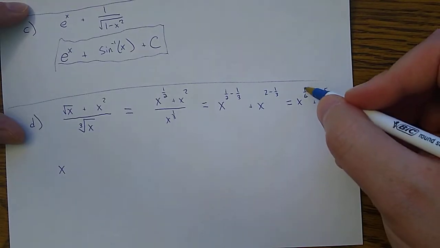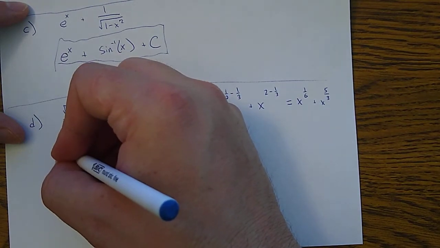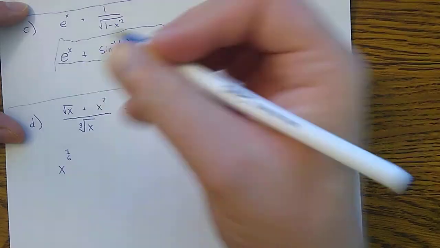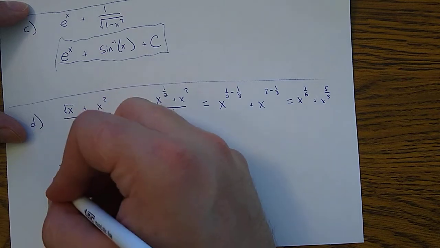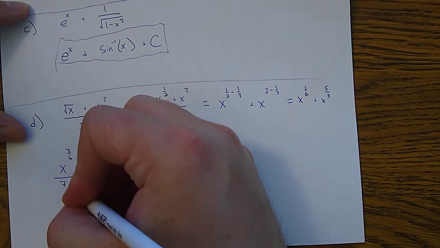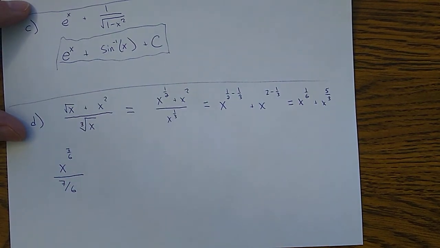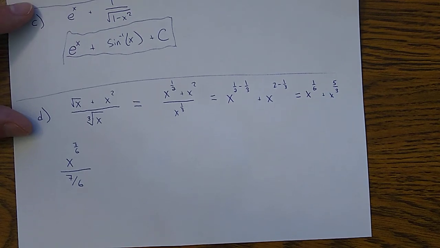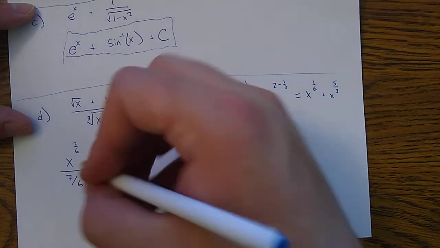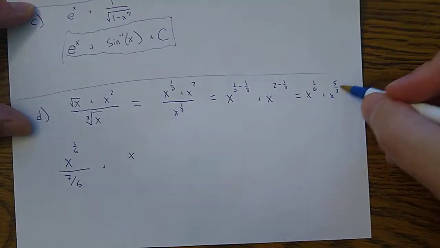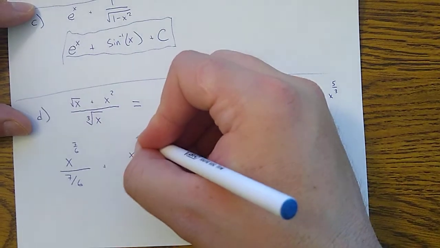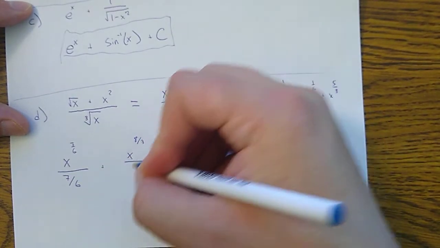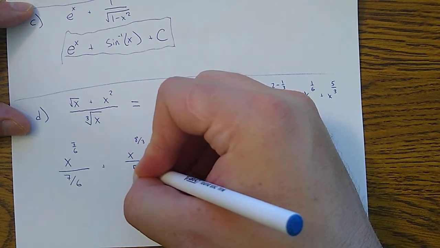If I increase this by 1, I would get 7/6. And I should divide that by, you always divide by the same number. And then 5/3 plus 1 would be 8/3, and then I would divide by that same number.